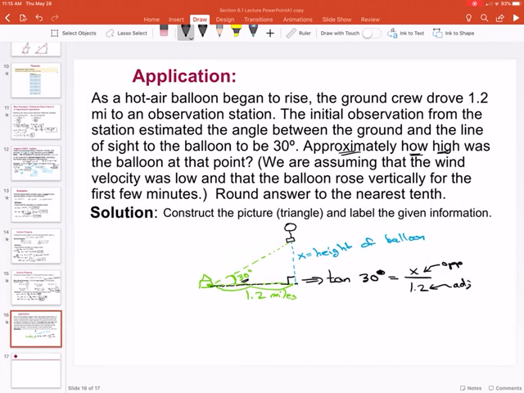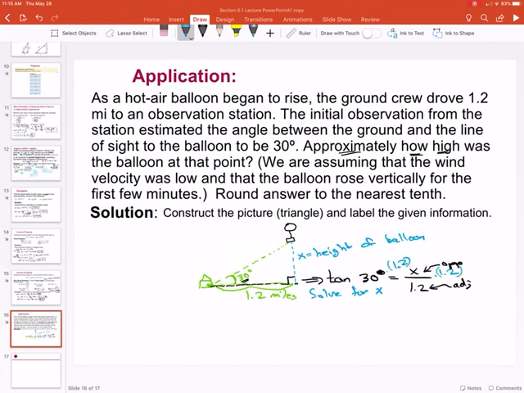So what have we done? We've set up an equation to solve for x. Our next step is to clear out the fraction, so we multiply both sides by 1.2 to get rid of its coefficient.